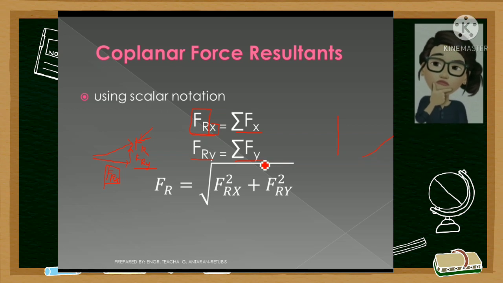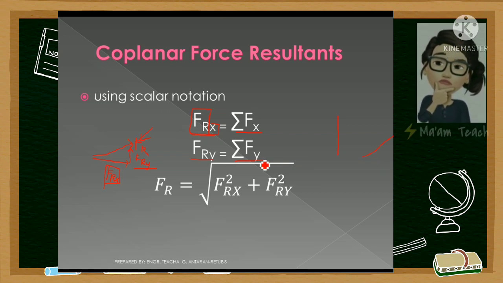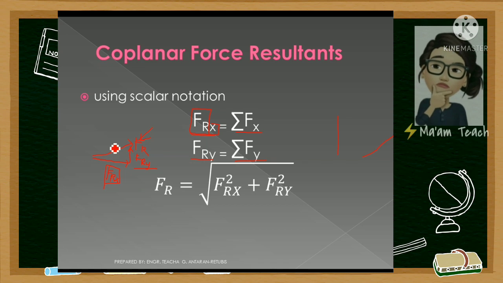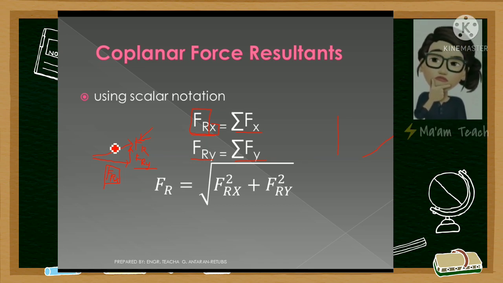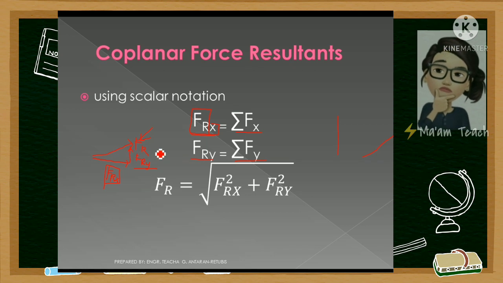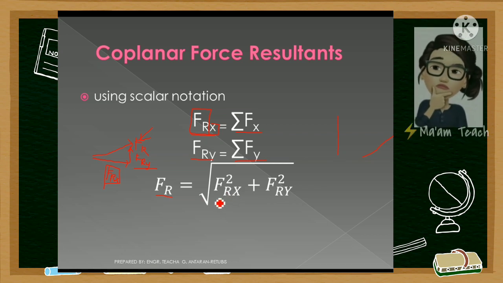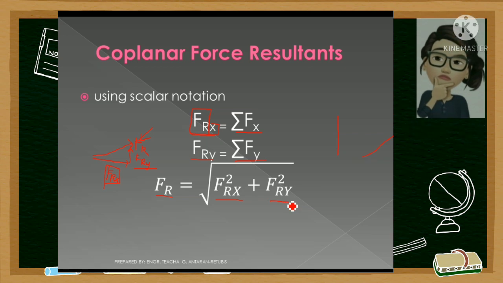So our target is to solve for the resultant force, which is taken by applying the Pythagorean theorem. What is the Pythagorean theorem? Hypotenuse squared is equal to adjacent squared plus opposite squared. So in this case, our hypotenuse is your F sub r, your adjacent is your frx, and your opposite is your fry.